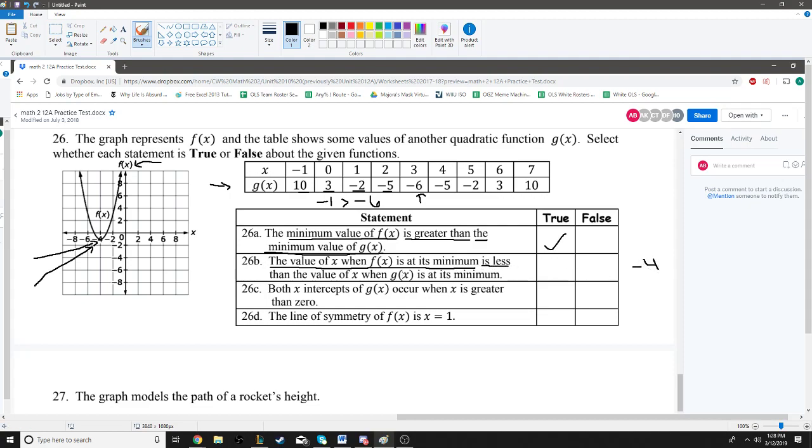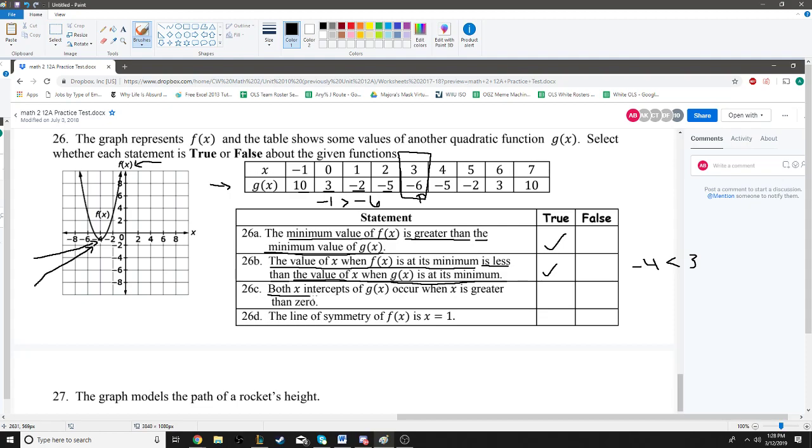Next part says is less than, so you need to write less than the value of x when g of x is at its minimum. Again, here's the vertex right here of g of x, and that number is a 3. Negative 4 is less than 3, so that is true.